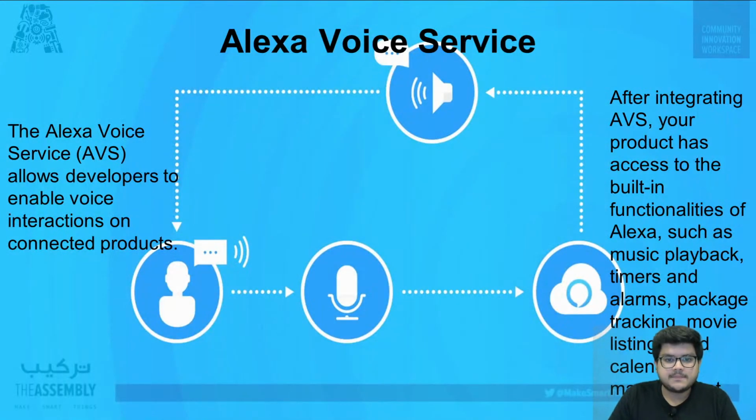So let's start. Now today we're going to be utilizing Alexa Voice Service, and for that we'll need an Amazon web developer account, and we'll get to how to do all that in the later part of today's workshop. But for now, just understand that we're using Alexa Voice Service, and it allows us to have voice interactions with Raspberry Pi.